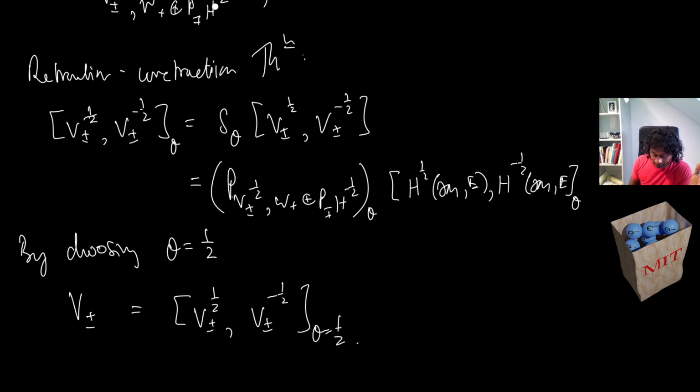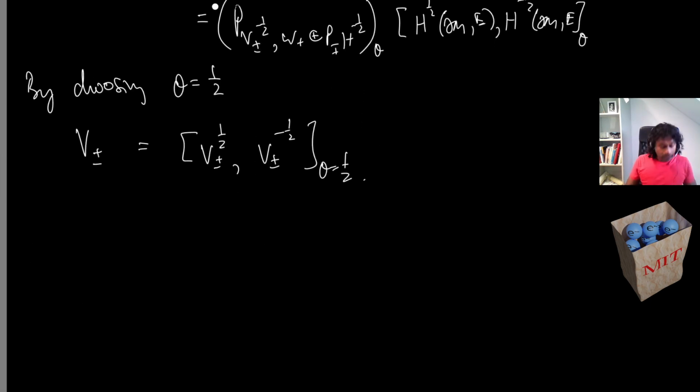This projector actually projects to the V beta space, so by choosing theta differently we would get a similar conclusion for all of the spaces in between. So the spaces V plus minus interpolate in a nice way.